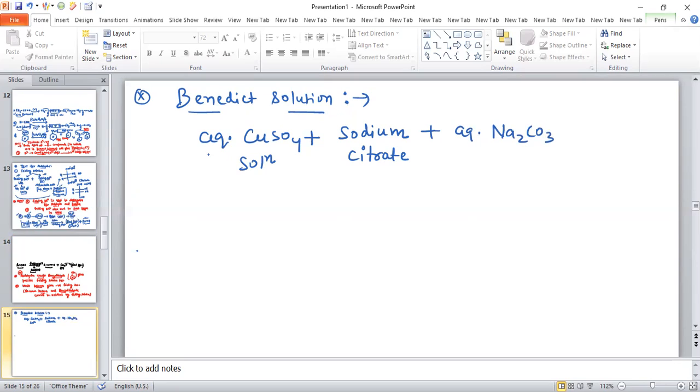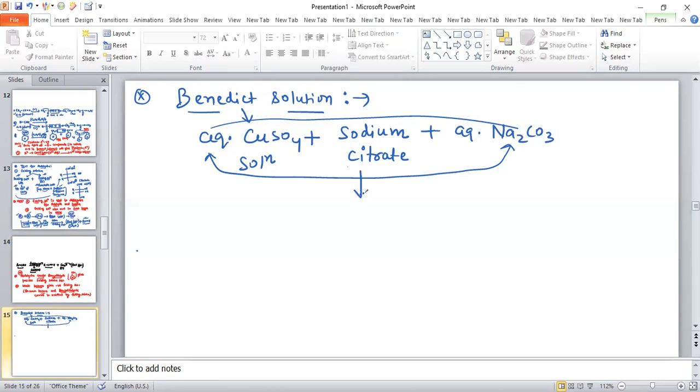So Benedict solution is basically a mixture of these three compounds: aqueous copper sulfate solution plus sodium citrate and aqueous sodium carbonate Na2CO3.